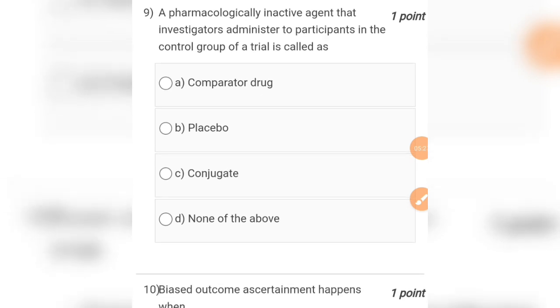Question number 9 is, a pharmacologically inactive agent that investigators administer to participants in the control group of a trial is called as what? The answer will be placebo, that is option B. So for question number 9, option B will be the answer.